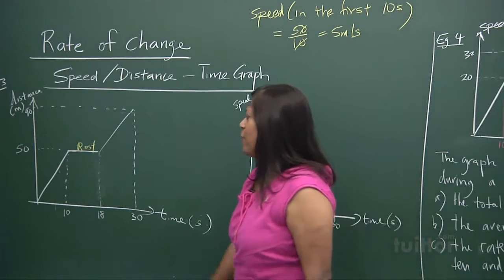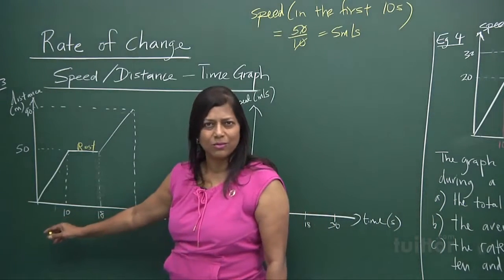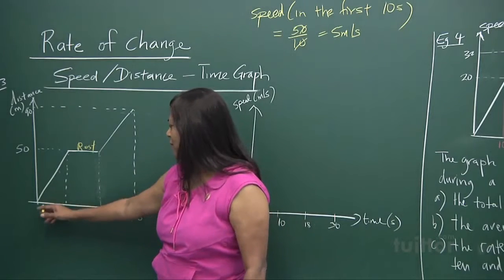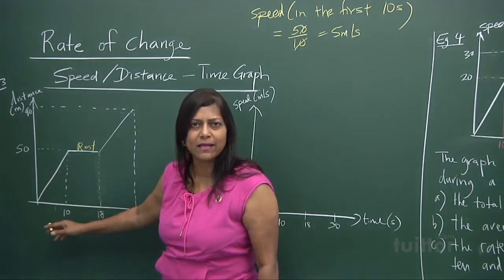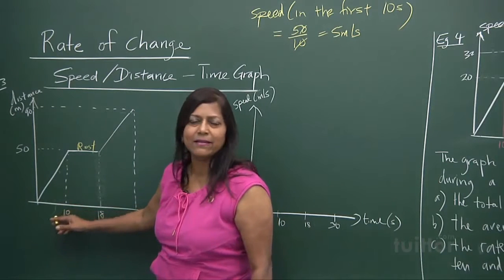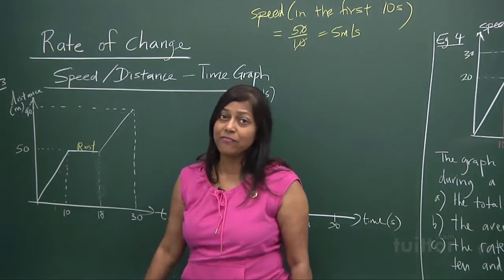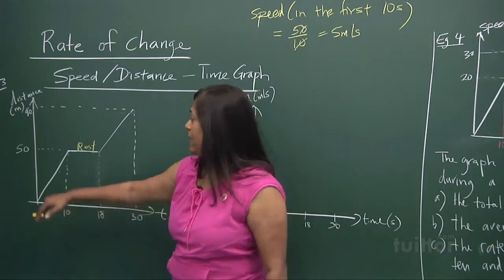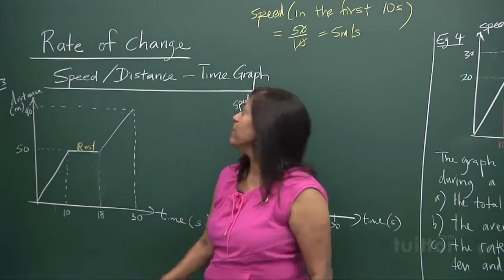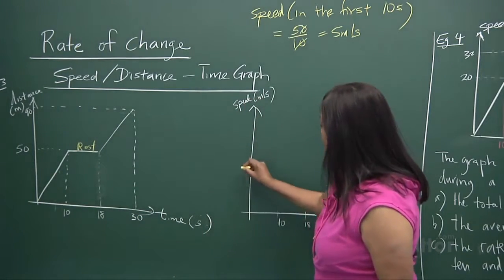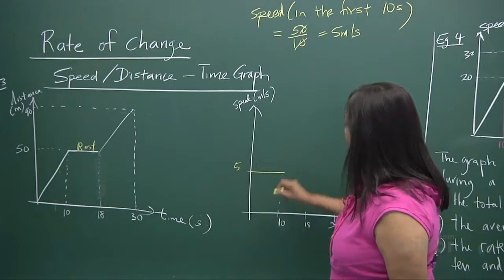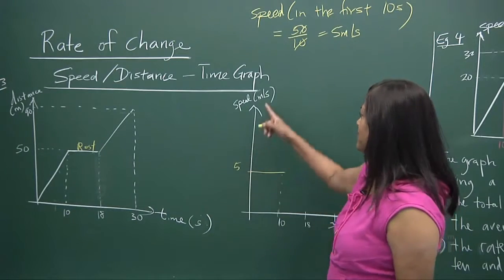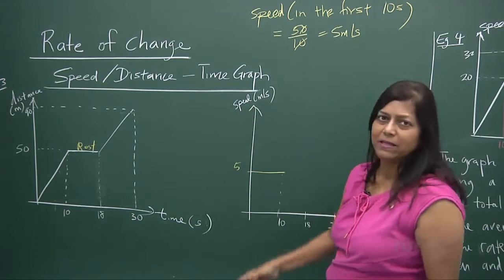So if they ask you what's the speed at the 5th second, the 4th second, the 8th second, or the 10th second, the speed is 5 meters per second. It's a constant speed. So up to 10, the speed is 5 meters per second. This is speed.